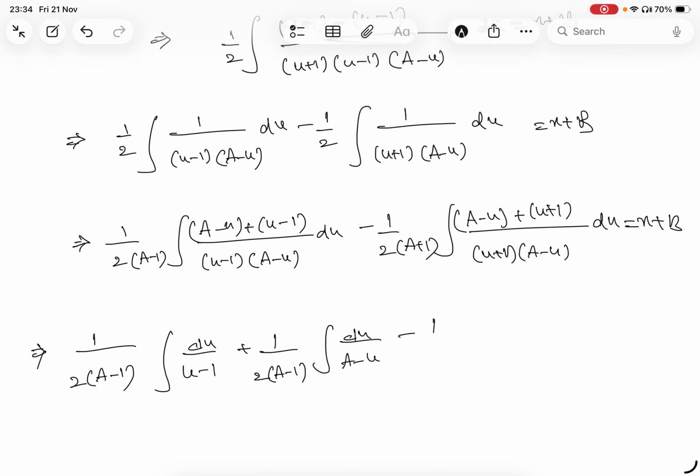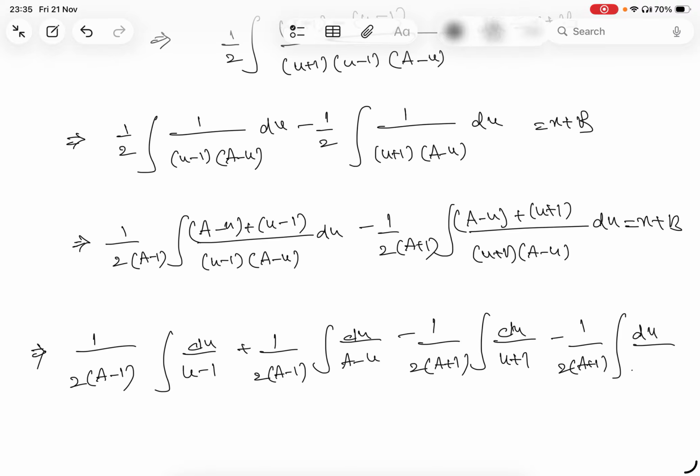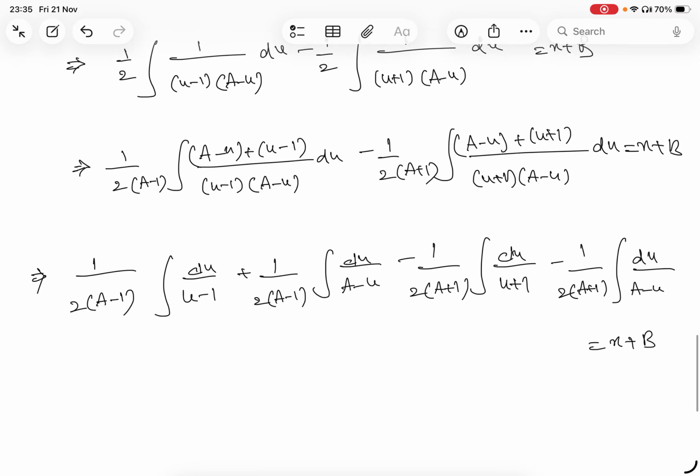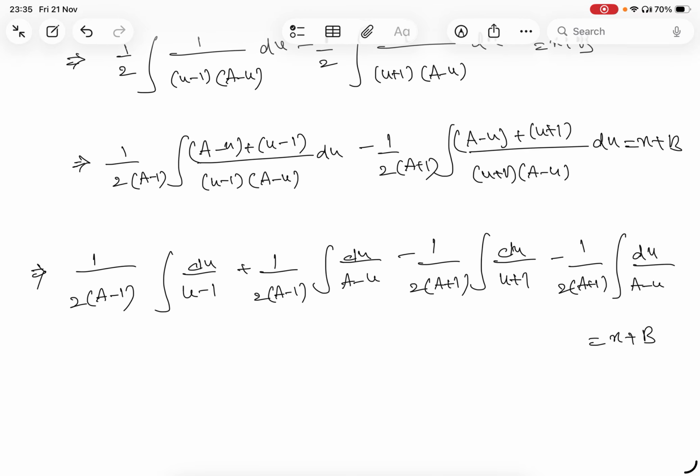Here minus 1 by 2 into a plus 1 into, a minus u will get cancelled and you are left with 1 by u plus 1 du. Similarly, here this part will be 1 by 2 into a plus 1 into integral. For the second term, u plus 1 will get cancelled and you are left with du by a minus u, equal to x plus b. Fine.